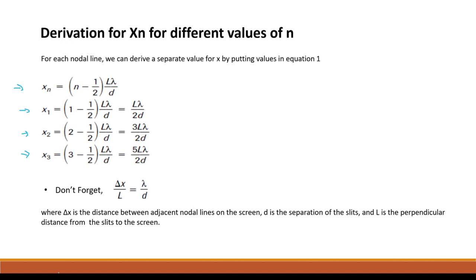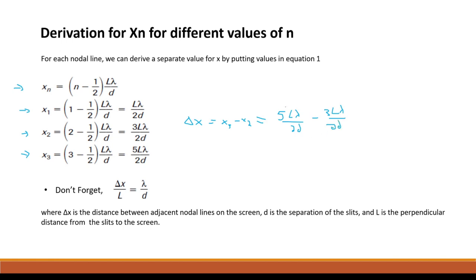And so when we want to find the difference between two adjacent nodal lines, like the third and the second, right, they're adjacent, 2 and 1 are adjacent, we're basically taking the difference between adjacent x's. Let's take x3 minus x2, and we have 5L lambda over 2d minus 3L lambda over 2d.